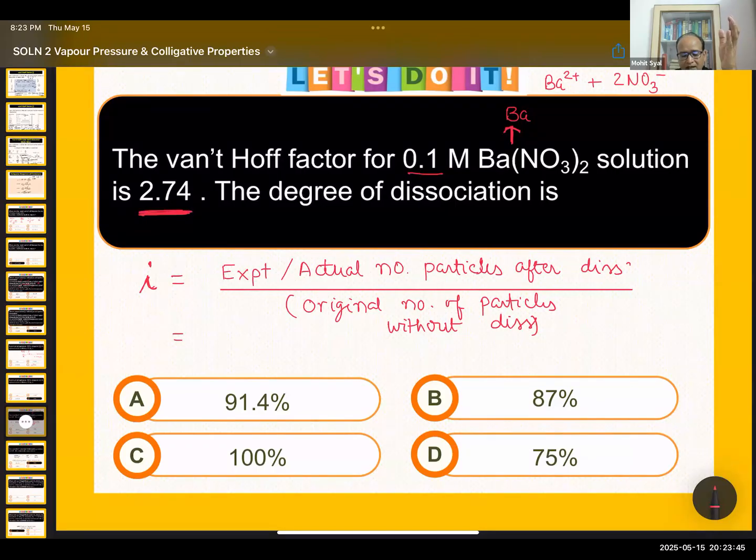But in this case, they have given I is 2.74. So what does it indicate? Maximum value of I is 3. If it is 2.74, why is it happening? Why is it less? Why have the number of particles after dissociation not become 3 times? What could be the reason?